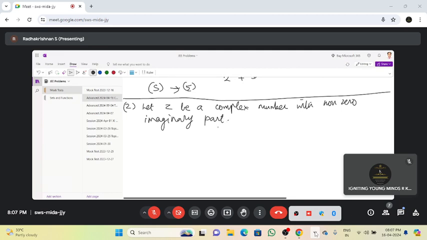Let z be a complex number with non-zero imaginary part.